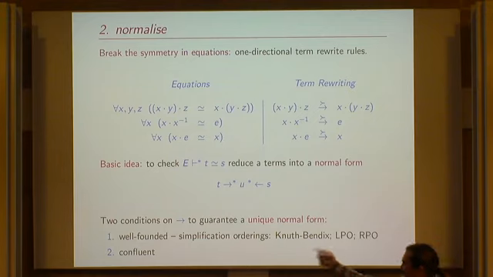This is usually done by using so-called simplification orderings, such as Knuth-Bendix, LPO, RPO. If there is a well-founded ordering under which the left-hand side is greater than the right-hand side, and on top of this it's a reduction ordering, then all our rewrites will terminate.